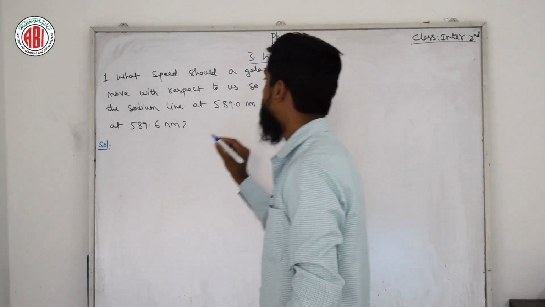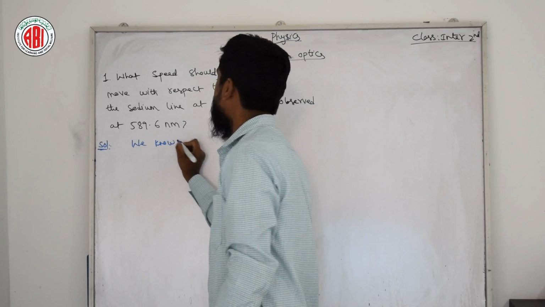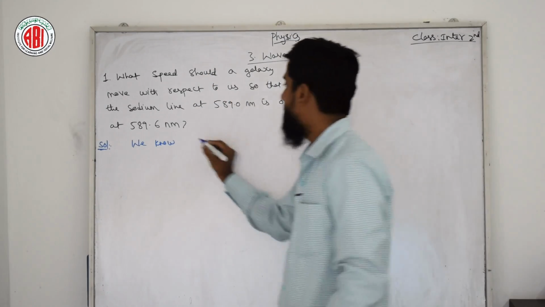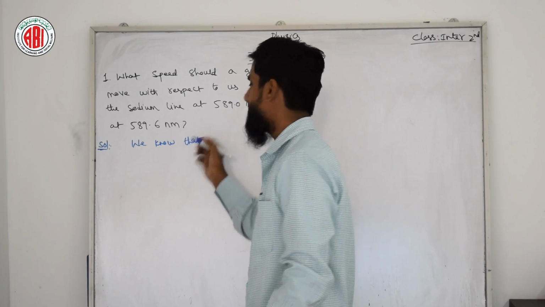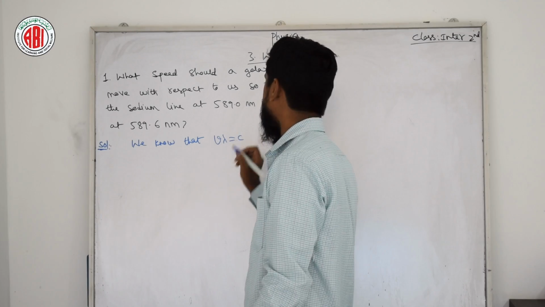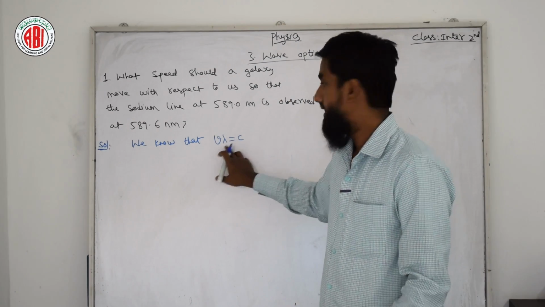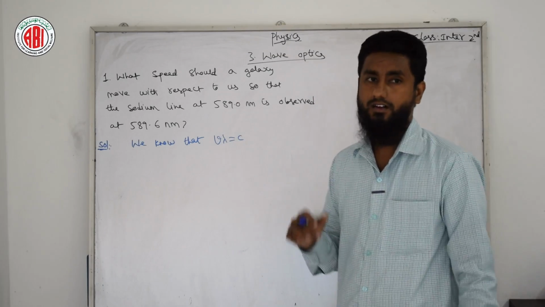So first, in the solution, I am writing what we know. We know the equation of any wave: c = νλ, where ν is frequency, λ is wavelength, and c is the speed of light.